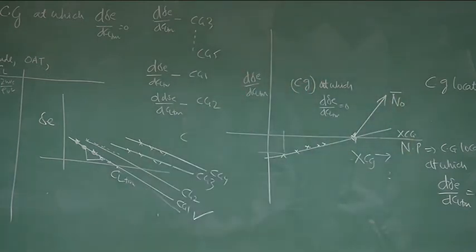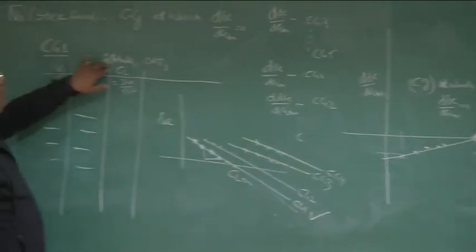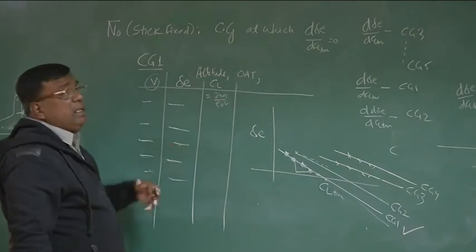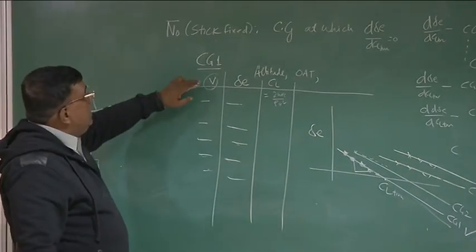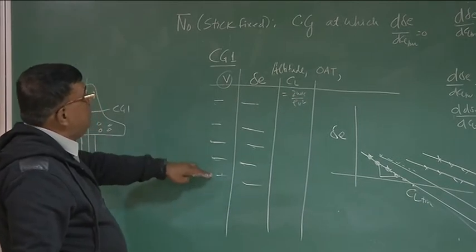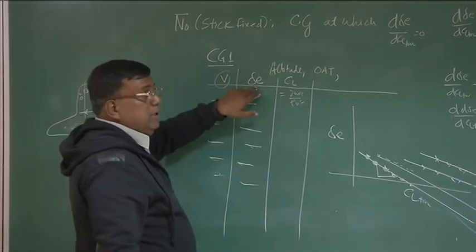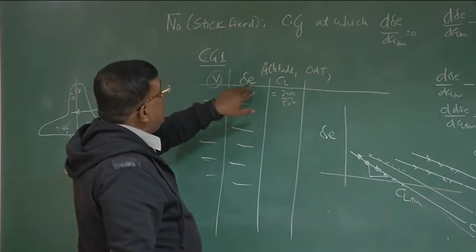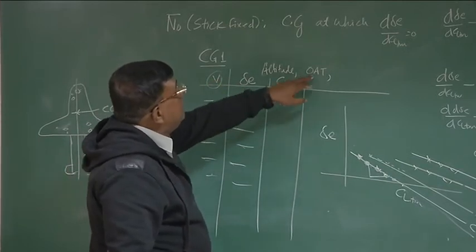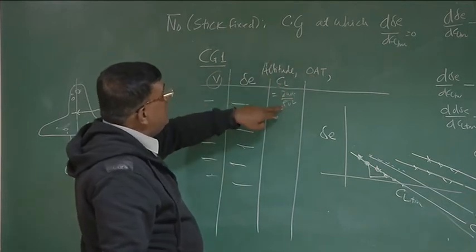Clear? So by definition, you know how to find the neutral point stick fixed from flight data. You have to go to an altitude, you measure the altitude and outside air temperature. These are important to get the density of air. Then you cruise at different trim speeds, V1, V2, V3, V4, V5, measure the elevator deflection required for trimming it, convert V into CL, because for CL you need rho, so the outside air temperature and altitude will help.